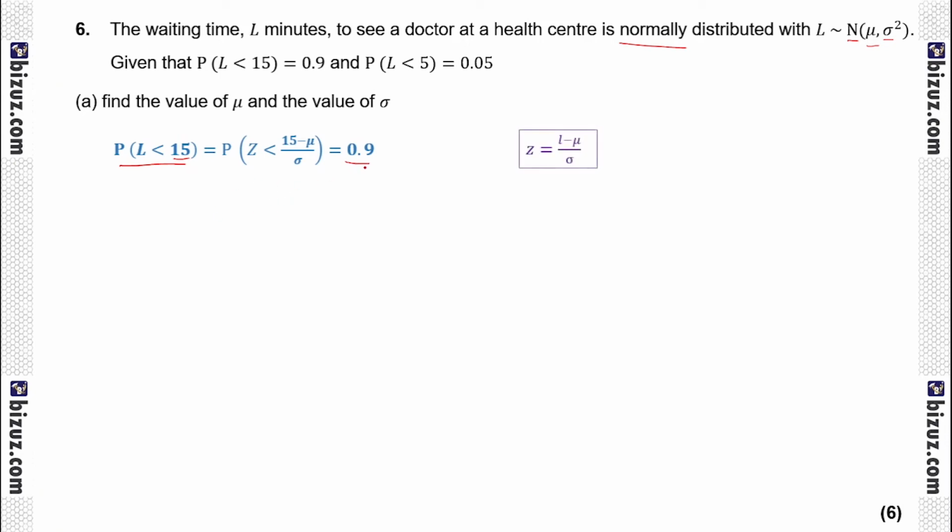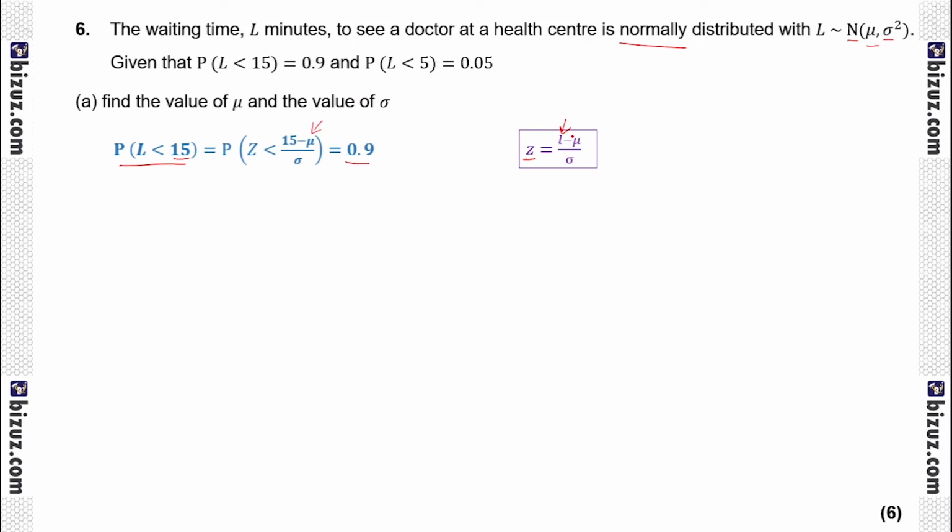And to do that, we'll use this conversion formula. So the corresponding z value is going to be the value of the variable that we want to convert, minus the mean of the variable, divided by the standard deviation. So if we do that, mu and sigma here are the same names as the unknowns here.